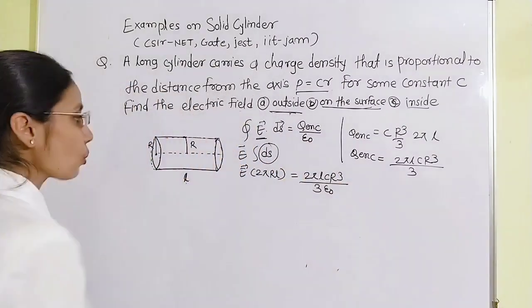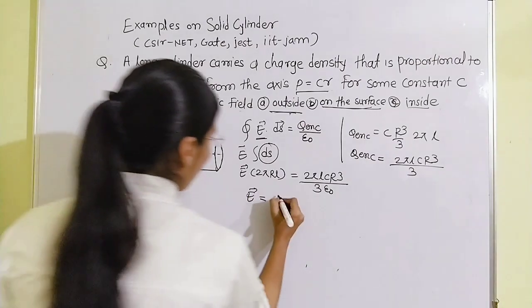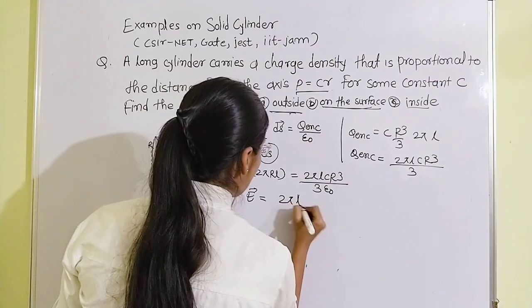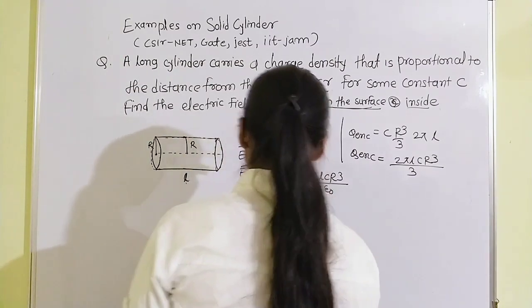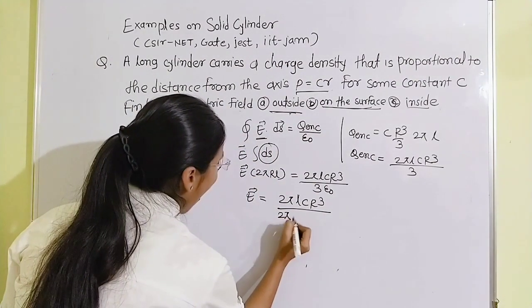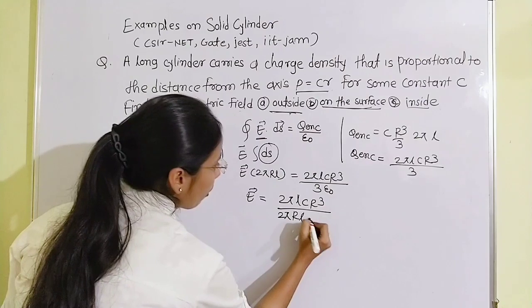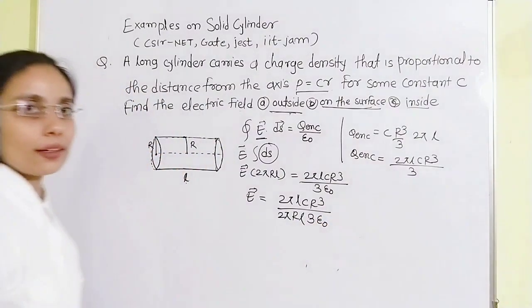Okay. So E bar is equal to pi L C R Q by this 2 pi R L into 3 epsilon naught. So what is the common here?